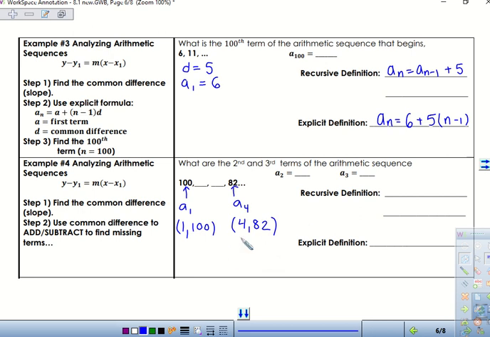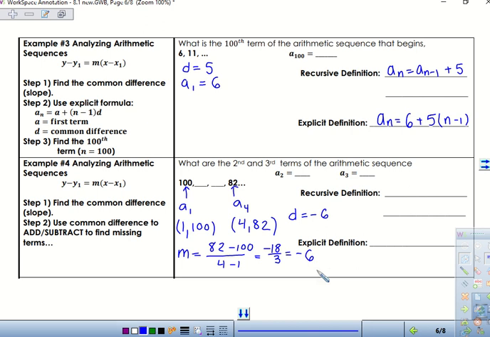So can we find the slope of this line using these 2 points? Do you guys remember how to do that? y minus y1 over x minus x1. So that gives you negative 18 over 3, which is negative 6. So that's our common difference. So we're going to say d equals negative 6. That's just using the slope formula from algebra.